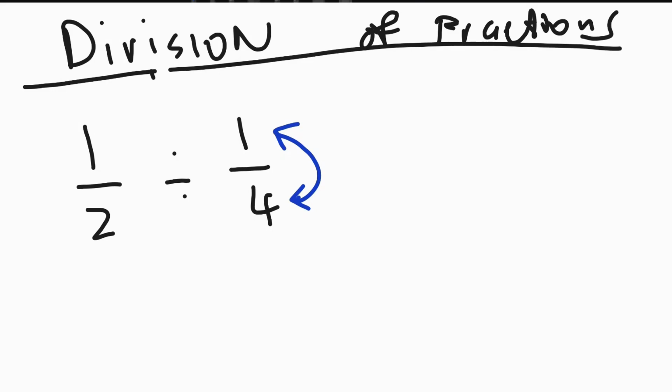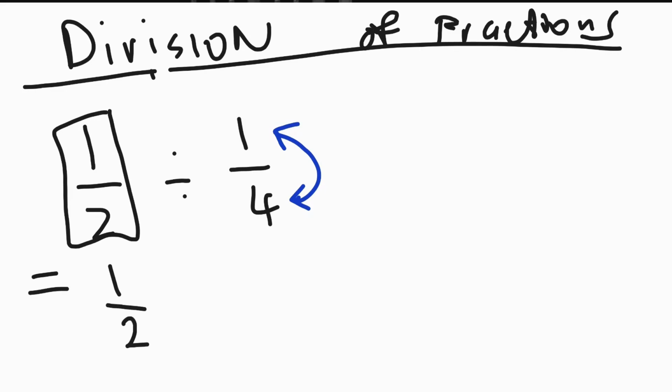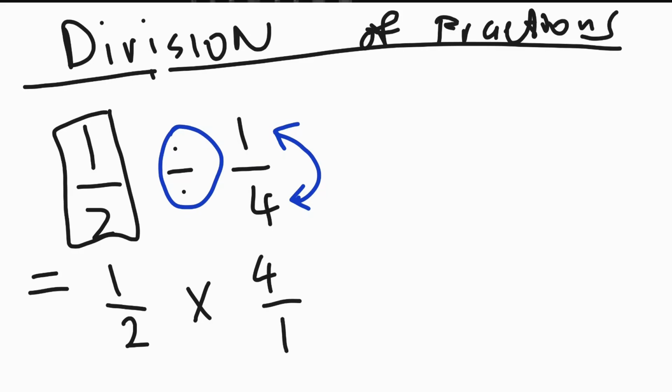So you keep this fraction the same, and because you are flipping 4 and 1, your sign will flip. So it's going to flip to multiplication. 4 is going to go to the numerator, and 1 is going to come down to the denominator.